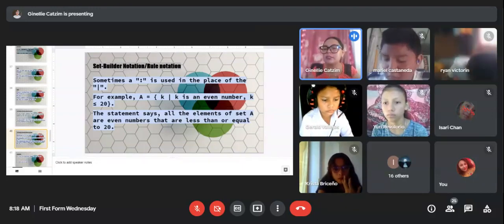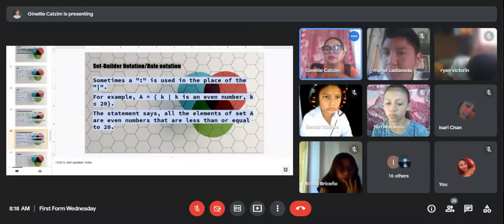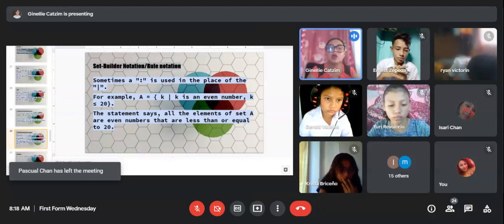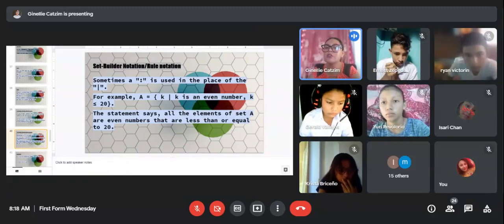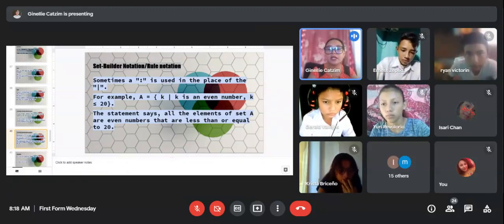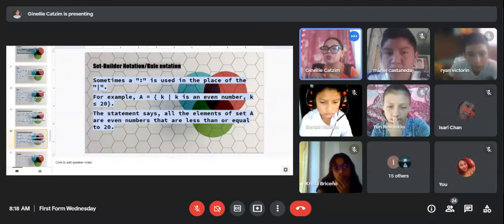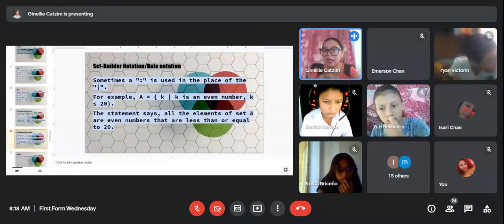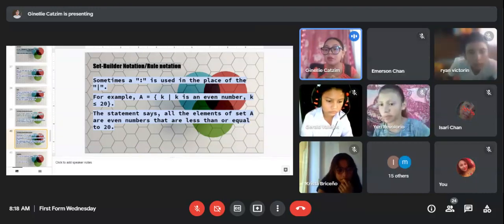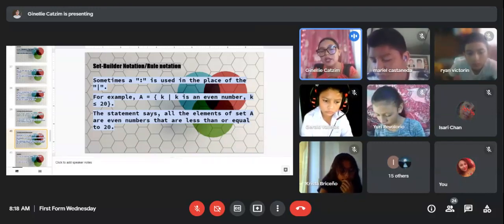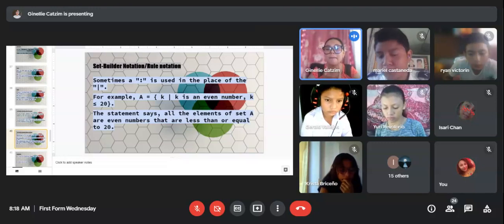Some of you are not that familiar with the notation, right? But when we take a look at set builder notation, most of the time you will have something like that, where it has K less than or equal to 20. So you should get familiar with those ones, or the next sign that is the opposite way, which is more than. So you should get what that means.